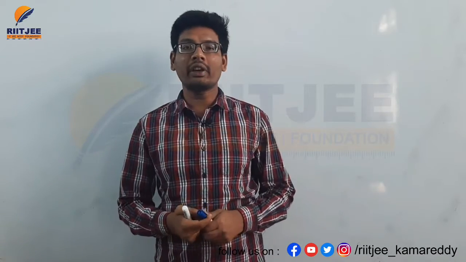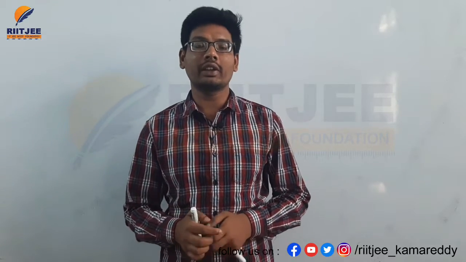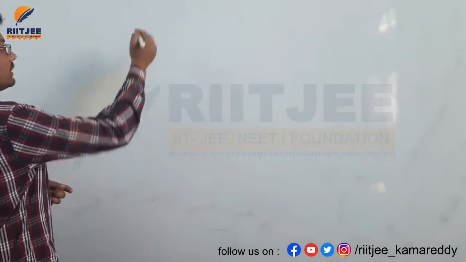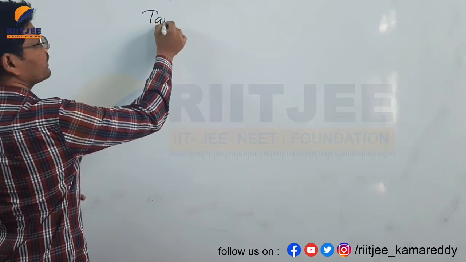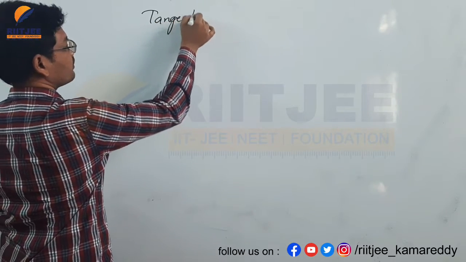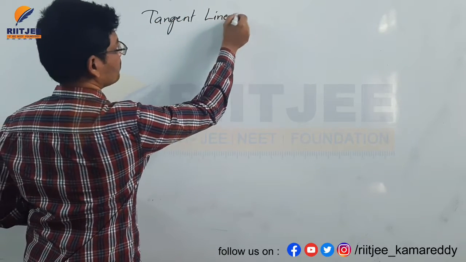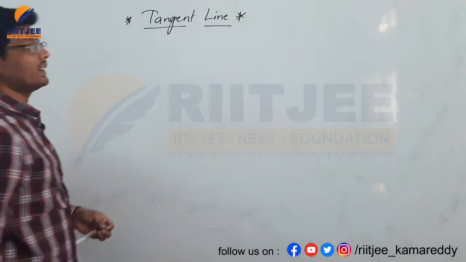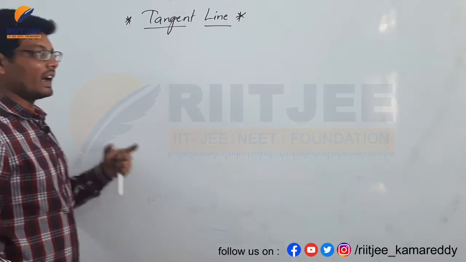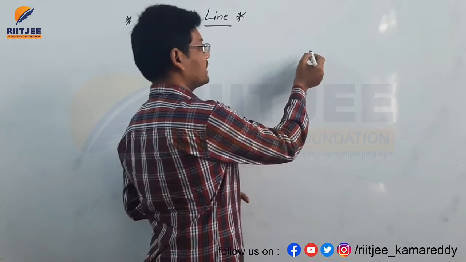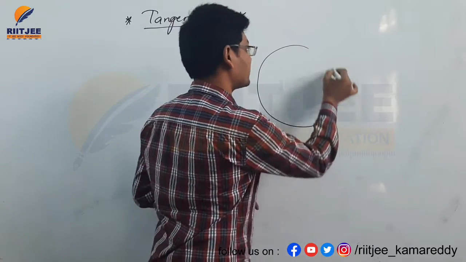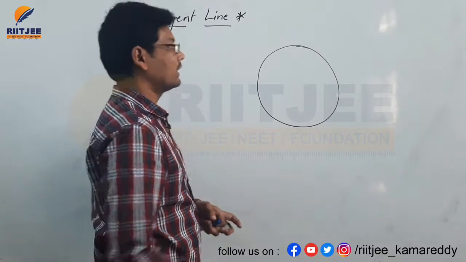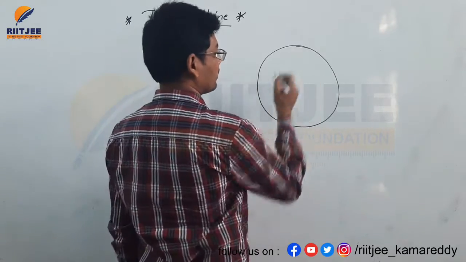And the next topic is tangent of a circle, tangent line or tangent of a circle. A line which touches a circle at one point is called a tangent line. Let S equal to 0 be a circle.